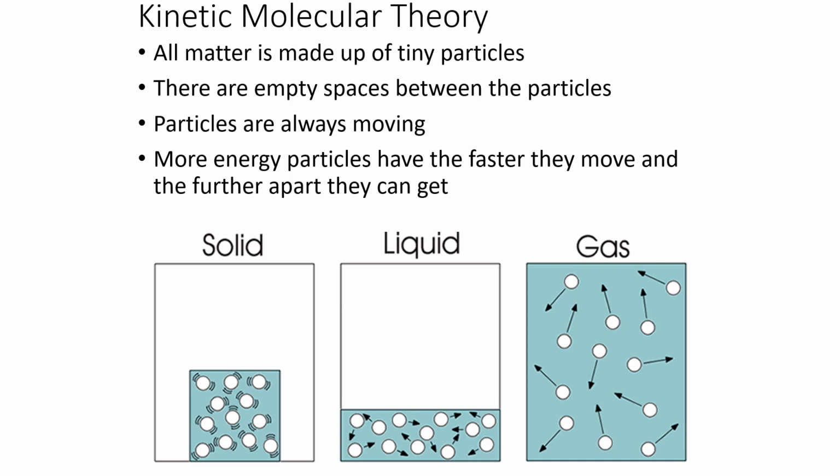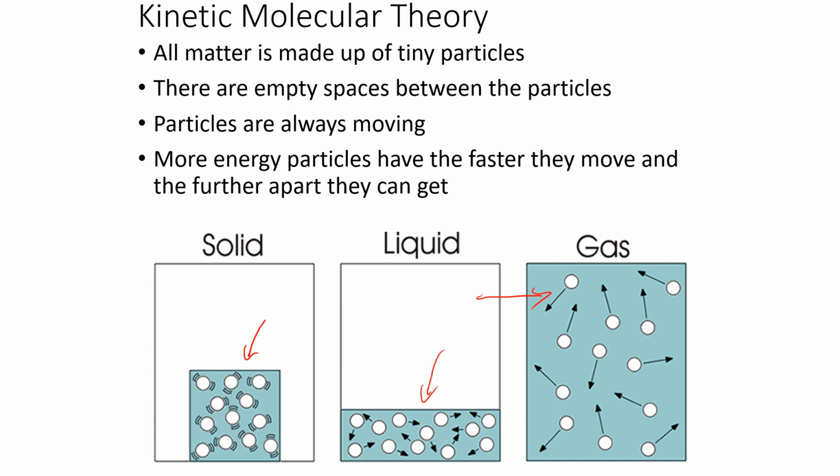So, for example, solids are barely going to be just vibrating. They are moving. It doesn't look like they're moving, but they are, they're just kind of vibrating away. Liquids are going to be moving a little bit more, and gases are going to be moving a lot.